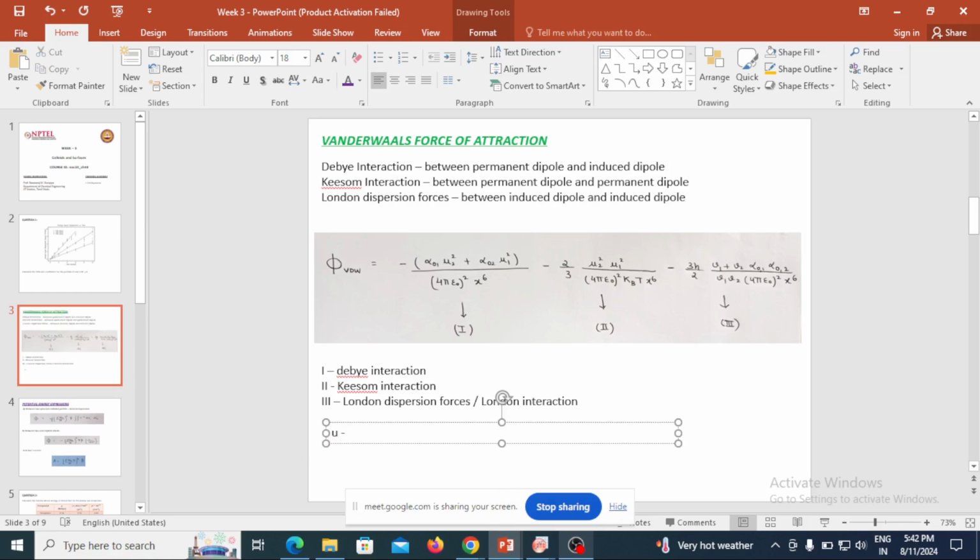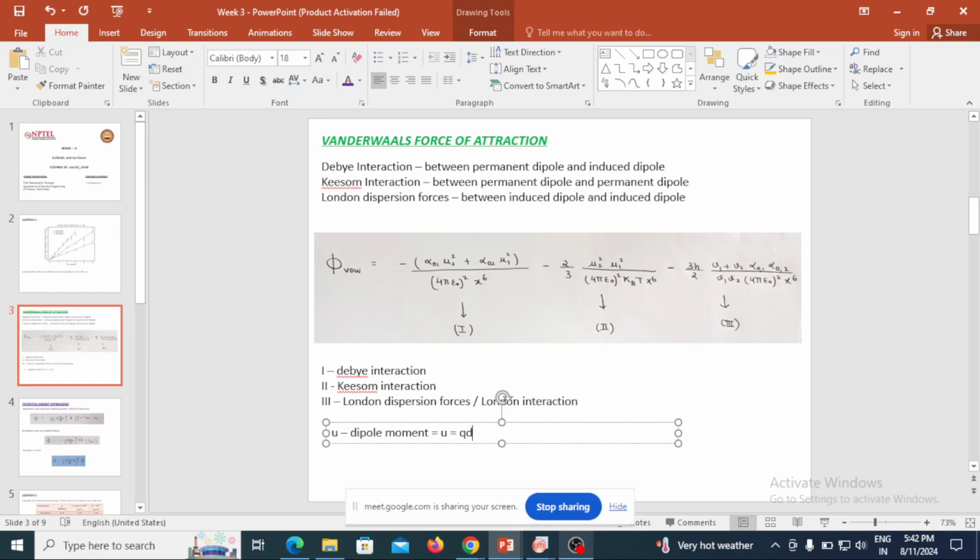Mu represents the dipole moment, which can be written as, anyone knows what is the expression for the dipole moment? It is qd. So q is the charge and d is the distance between the two charges, right?